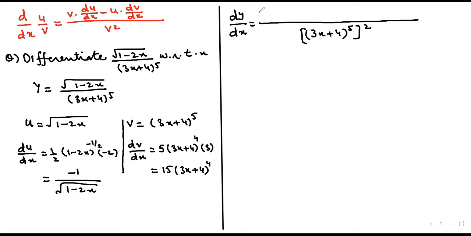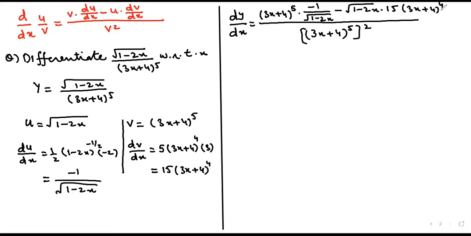We will write down v as it is multiplied by derivative of the other function. The derivative of the other function is 1 over under root (1 − 2x). We will put a negative sign which is in the formula. Then we will write down under root (1 − 2x) as it is into derivative of the other function, which is 15 (3x + 4) power 4.